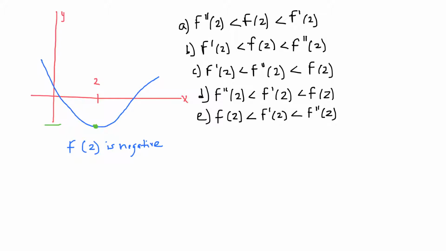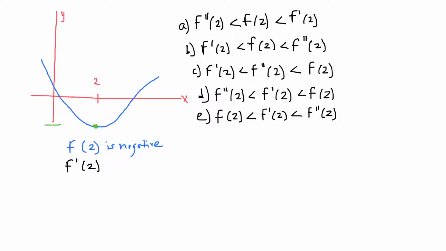So f of 2 is negative. Now, what do you know about f prime of 2? Just remember the definition of the derivative. It's the slope of the tangent line. So because it's f prime of 2, it's the slope of the line tangent to f at x equals 2.